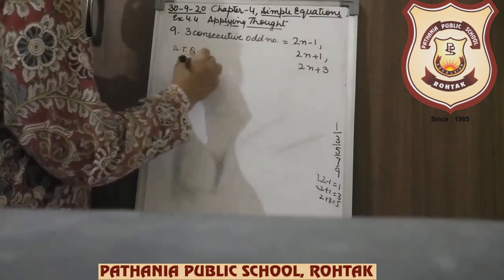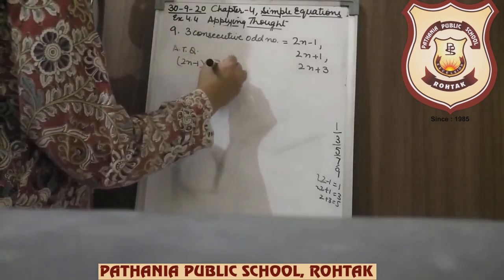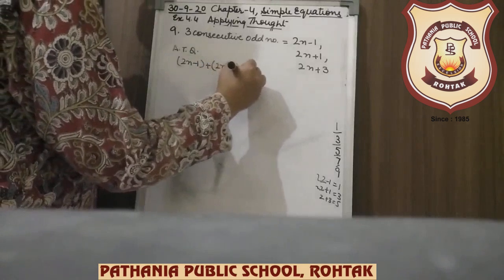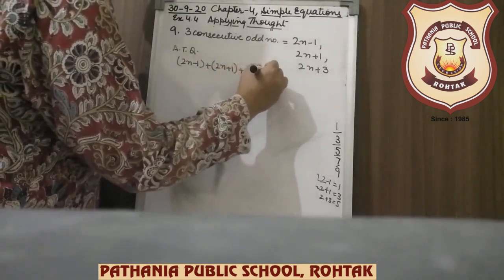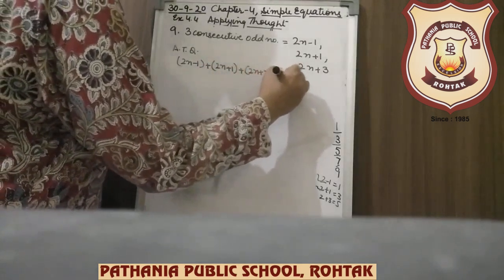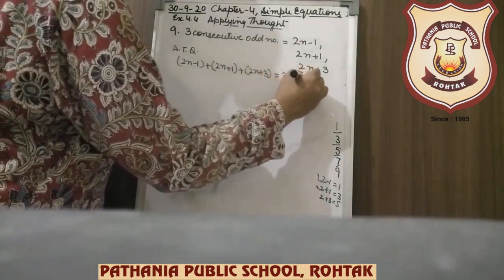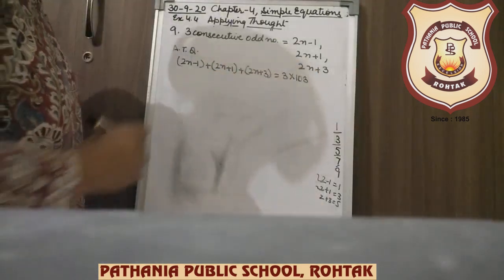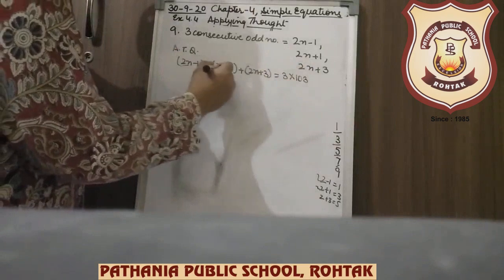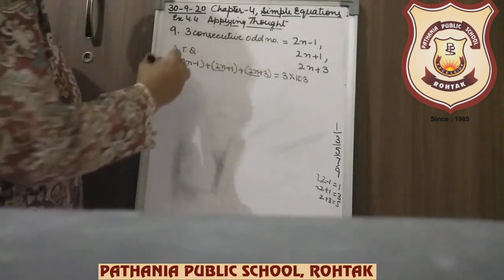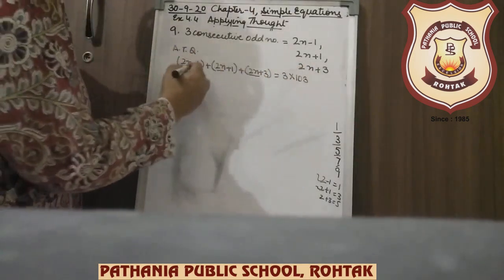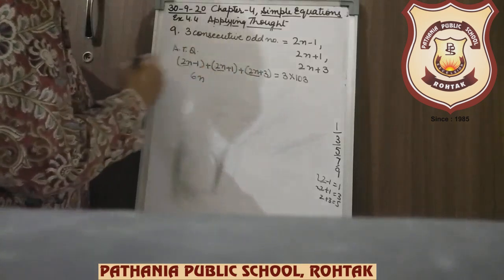according to the question, 2n minus 1, 2n plus 1, 2n plus 3 is equal to thrice of 103. So 2n, 2n, 2n, 2 plus 2, 4, 4 plus 2, 6n.